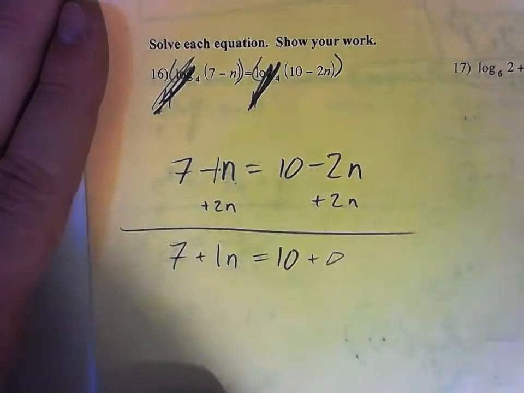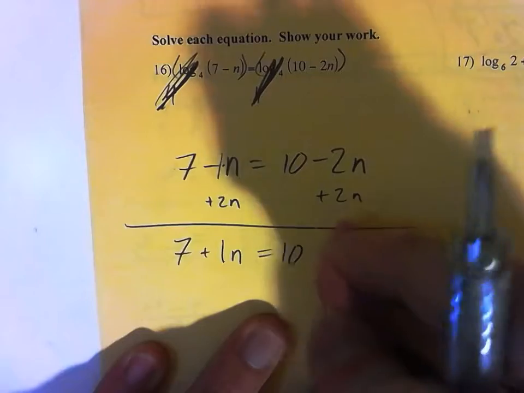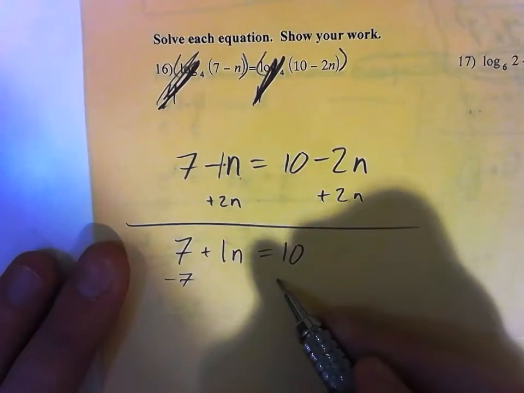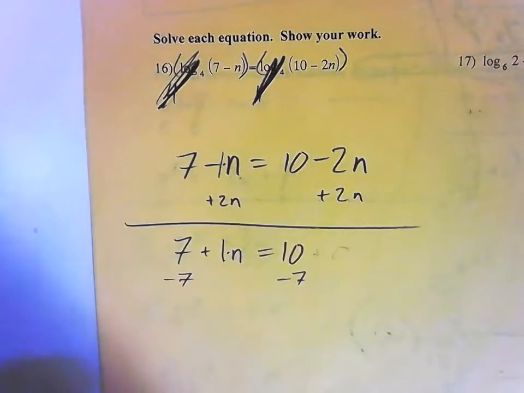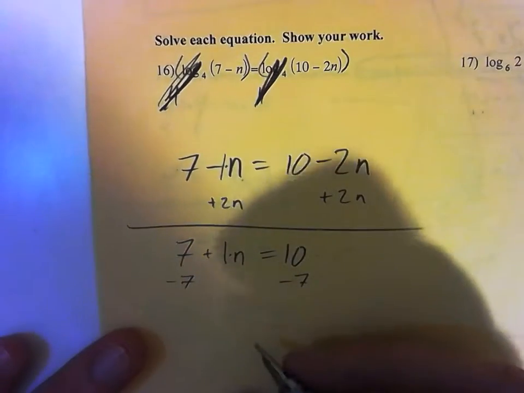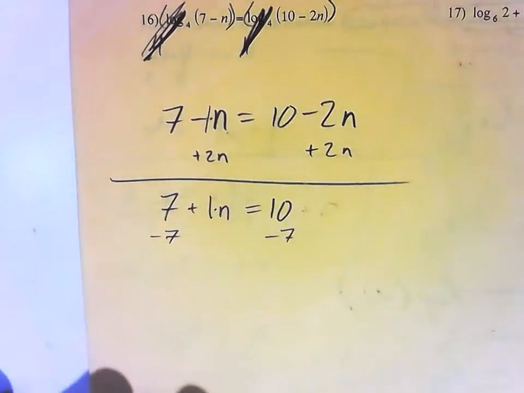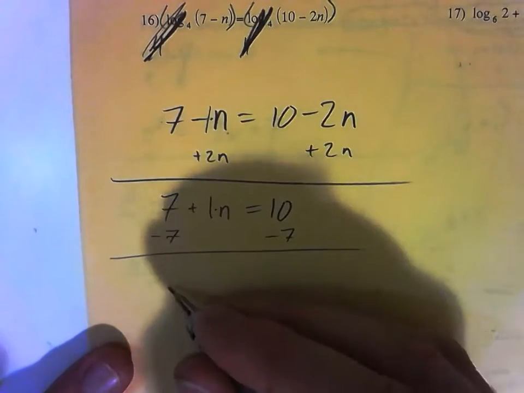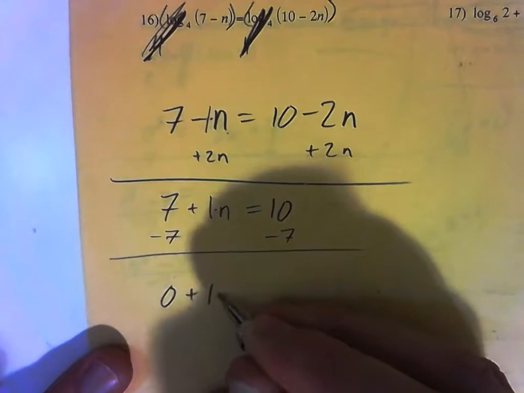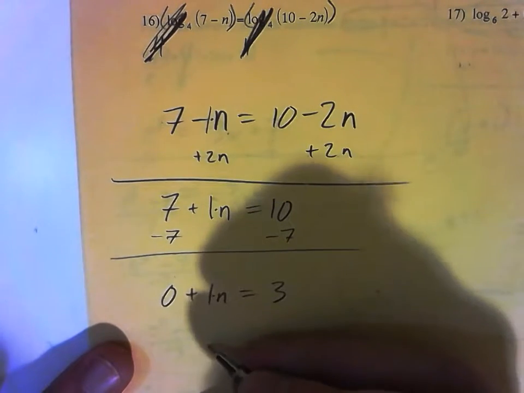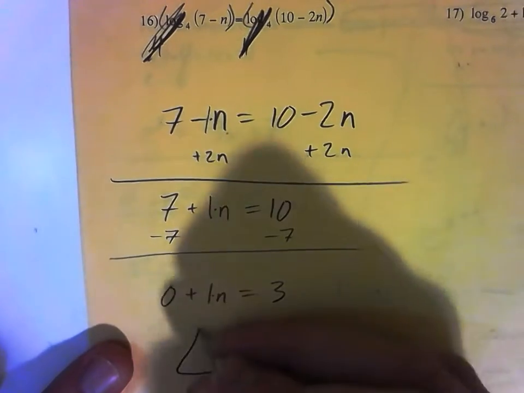You don't need to write plus 0. I'm going to subtract 7 so that the only thing left here is 1n. Let me write this in 2 steps just to be thorough: 0 plus 1n equals 10 minus 7 is 3, so n equals 3.